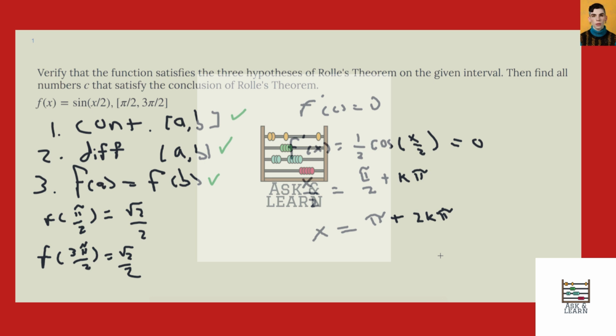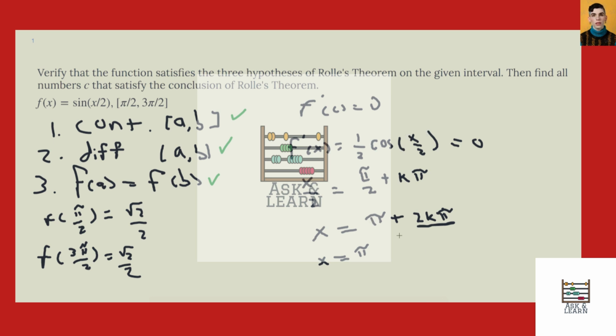And since our interval is only from pi over 2 to 3 pi over 2, the only number that lies in this interval is just pi. So x is equal to pi, because our function is telling us that it has a 2k pi period, according to the way our function is set up.